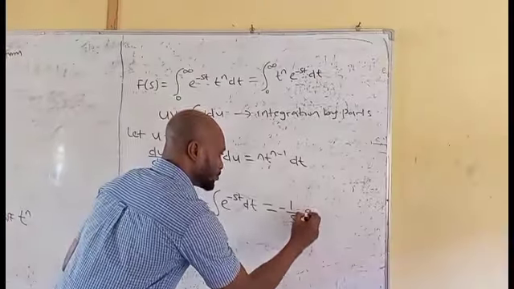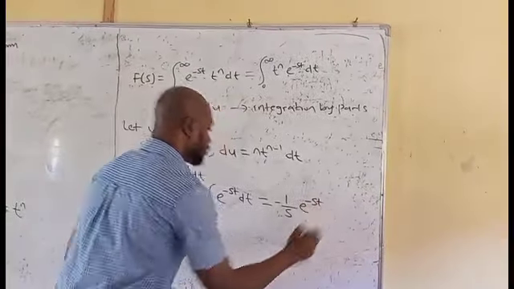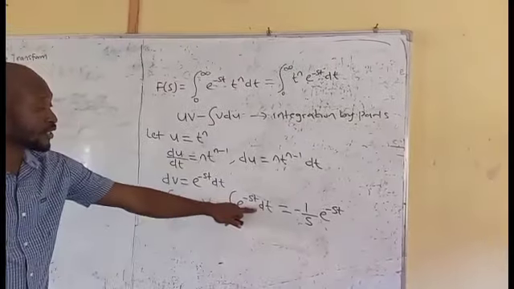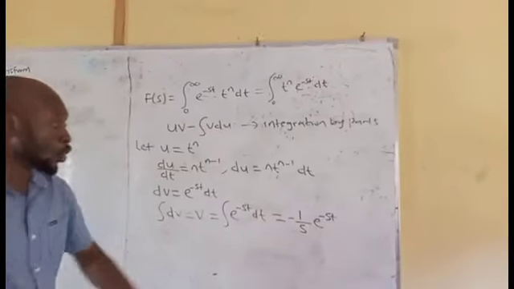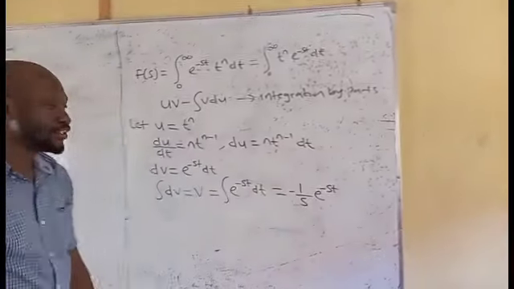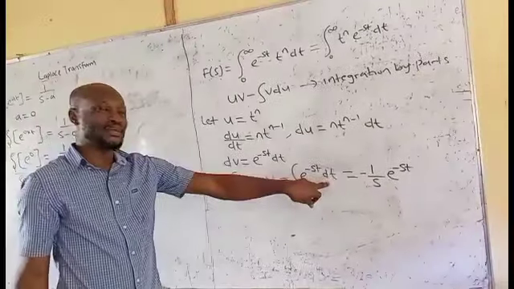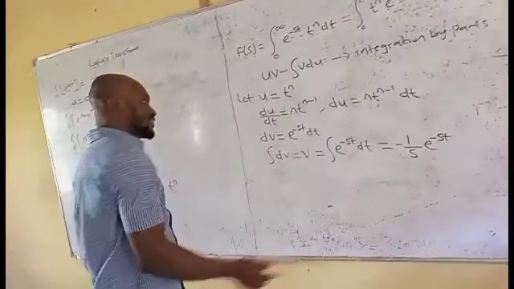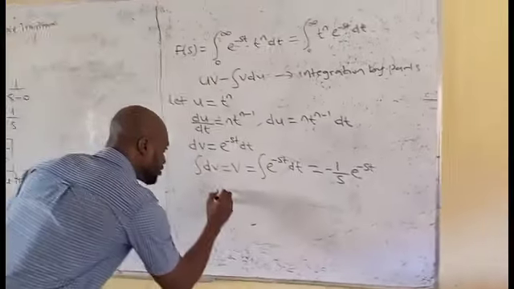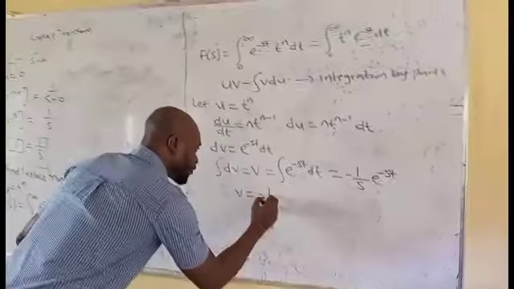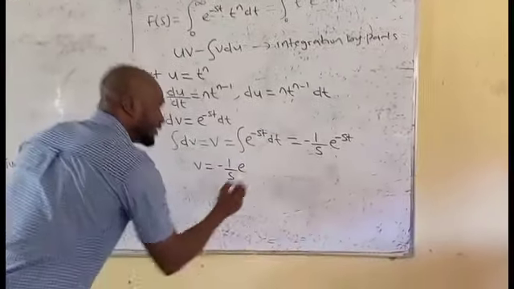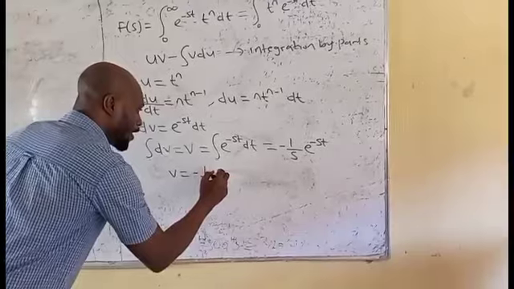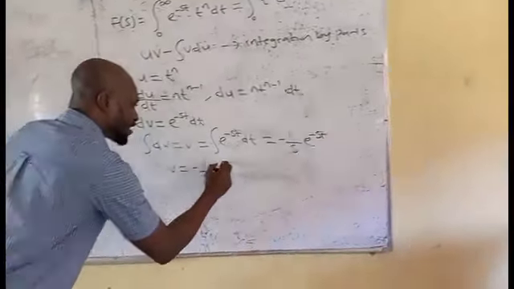So you have exponential minus st. You're not going to add the dt again because you have already integrated. So there's no point in including the dt again. You remove the dt because you've already integrated. So finally, your v will give you minus 1 over s, the integral, multiplied by exponential raised to the power of minus st. So this is the value of your v now.